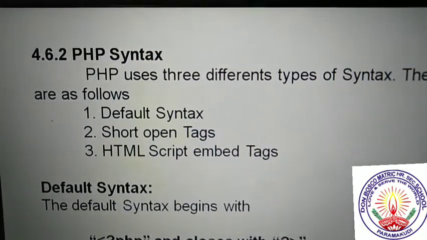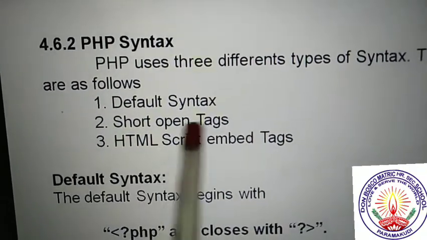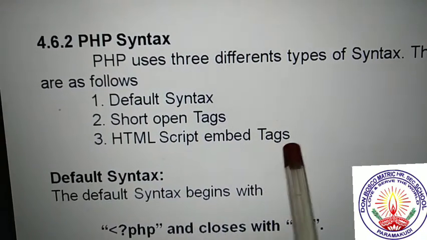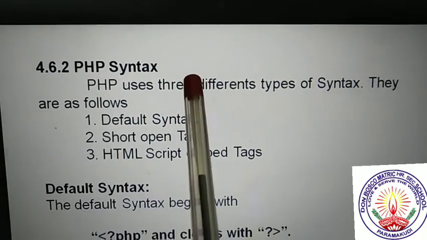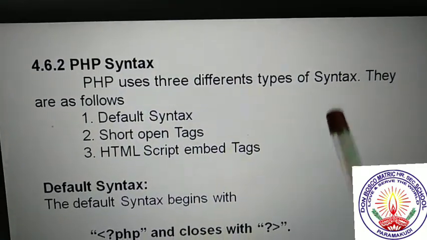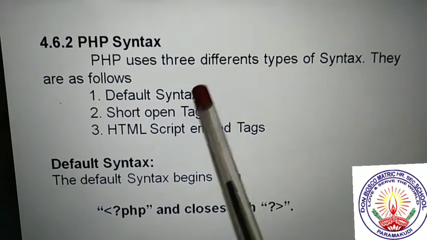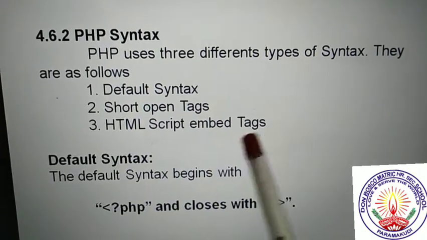The first one, default syntax; the second one, short open tags; and the third one, HTML script embedded tags. So the first one is default syntax, then short open tags, then HTML script embedded tags.